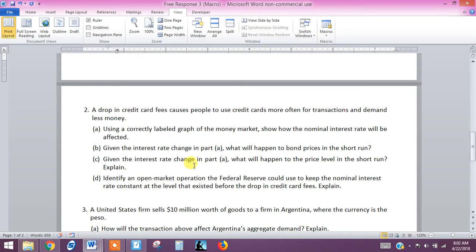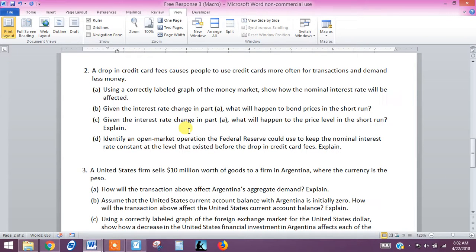Now, part C. Given the interest rate change in part A, what will happen to price level in the short run? Well, when you have a drop in the interest rates, let's go back over here.